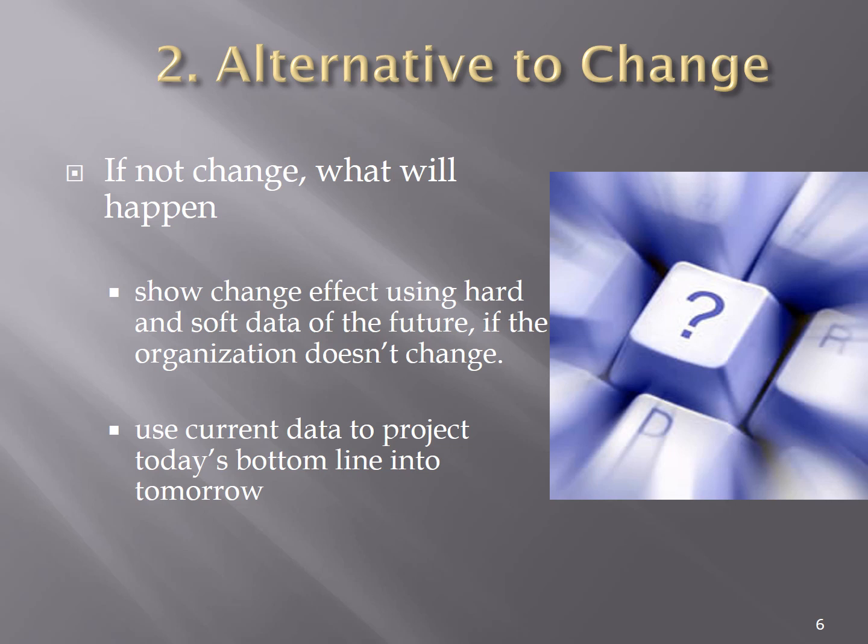They will use the current data to project today's bottom line into tomorrow, showing the change effect using the hard and soft data of the future. So this will be the business case. They need to deliver these 2 points to you: the necessity for change, and the alternative to change.